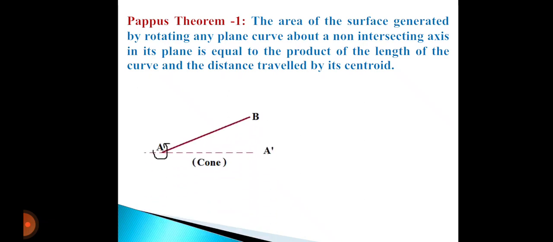For example, the surface of a cone may be obtained by rotating a straight line AB about axis AA dash. Similarly, from figure 2, the surface of a sphere is obtained by rotating a semicircular arc ABC about its diametral axis AC.